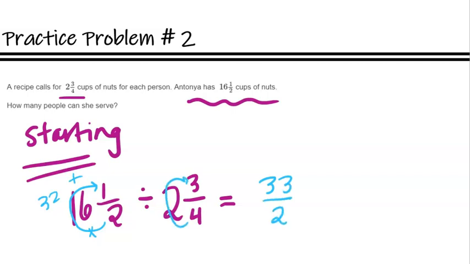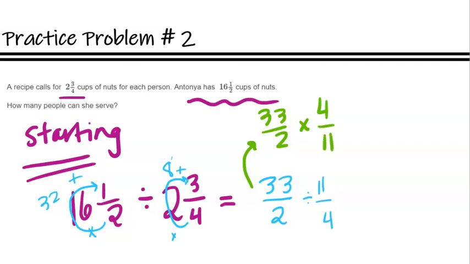For this one, 4 times 2 is 8. 8 plus 3 is 11. And then we have a 4 here. Okay, I'm gonna actually move up for our next part, just to give myself a little more room. So 33 over 2 times, I'm gonna multiply by the reciprocal. So I'm going to flip.